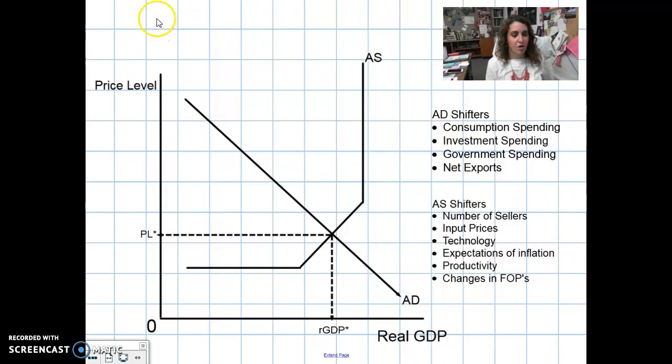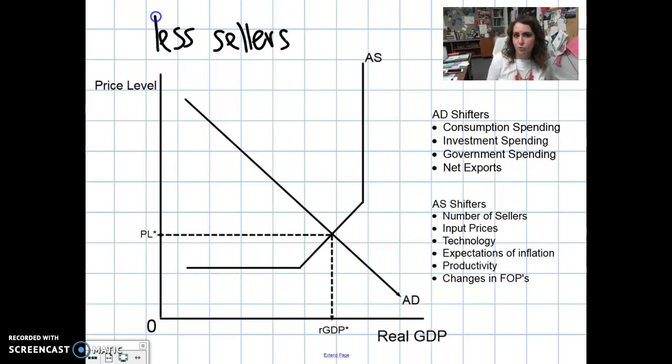Let's just say that there are fewer sellers. How that might look in a question is, oh, multiple businesses declare bankruptcy, or a lot of businesses shut down, or something like that. So that would be fewer sellers. If there are fewer businesses, there's going to be less supply of things being sold, and less of anything made too. So that would be a leftward shift.